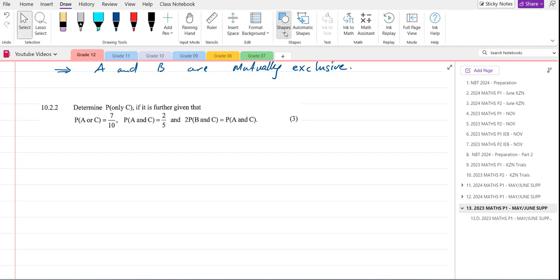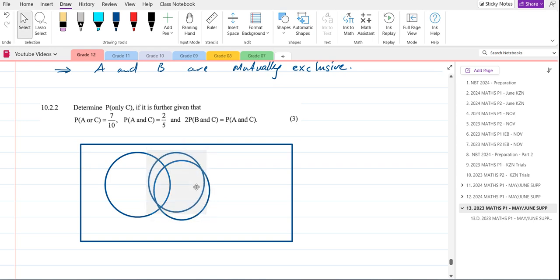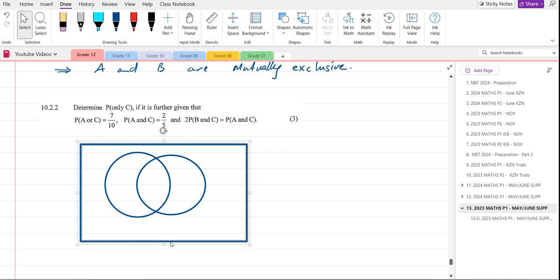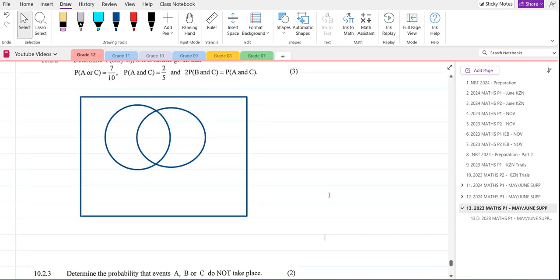So I'm going to try and draw a Venn diagram here to check what they want. Right, so I want to put A here, B here, and remember it's a three-way Venn diagram, so I put a C here.